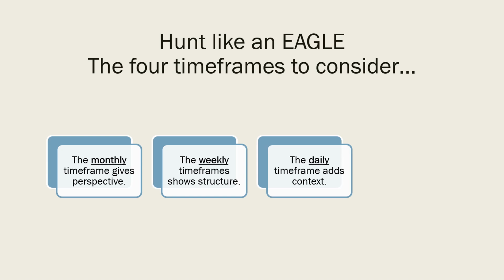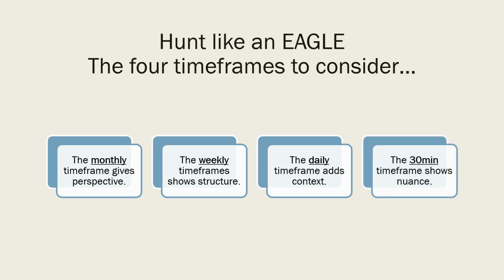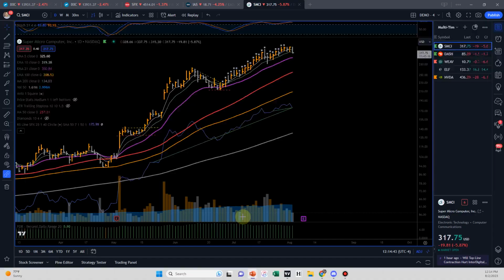You'll be able to see some of the nuances of if it's tightening up. And then when you get down to the 30-minute, you'll really be able to see the nuances of the pattern, particularly around the pivot area, and you'll be able to get very surgical with your entries and your stops and the entire setup.